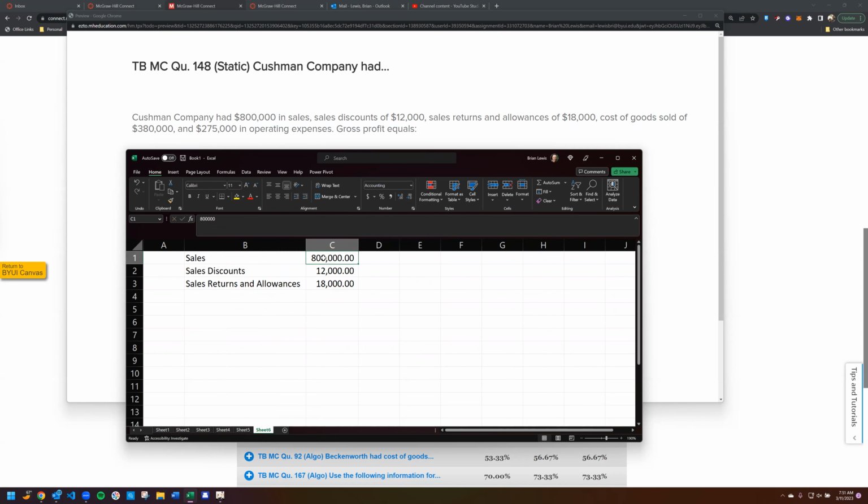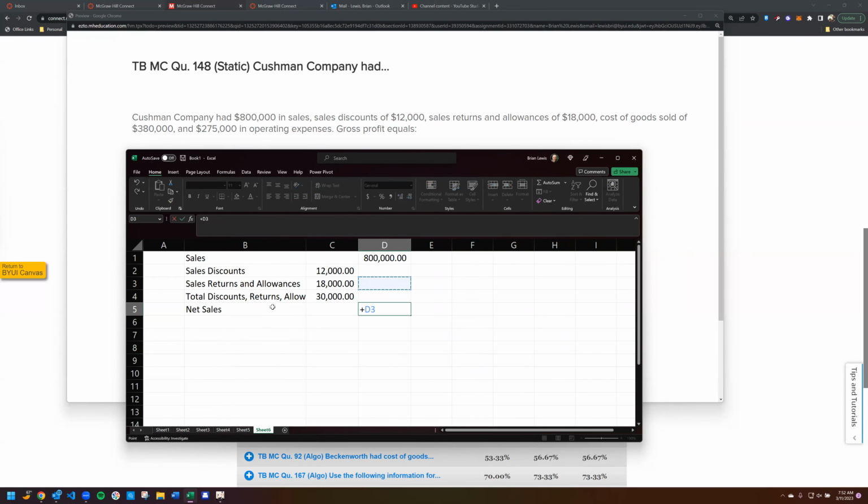It's a great question. Let's move this over here so we can do a little subtotal for grins. Total discounts, returns, and allowances. We're just going to equal the sum. I just want to see if they ask anything like this. And then the net sales number is going to be that minus those.